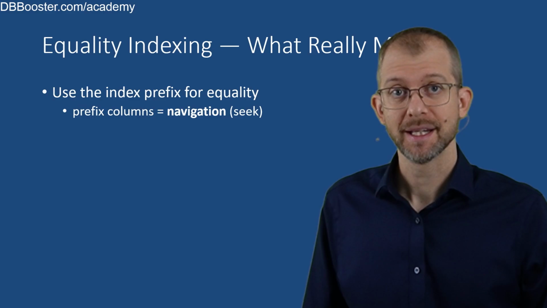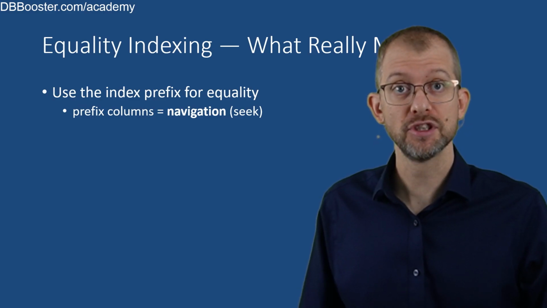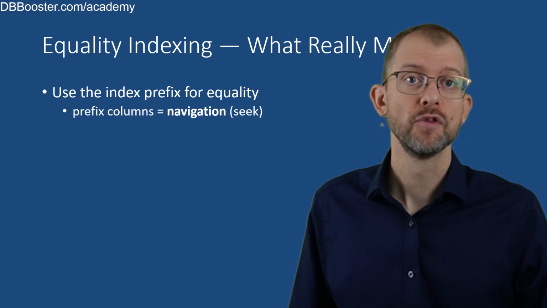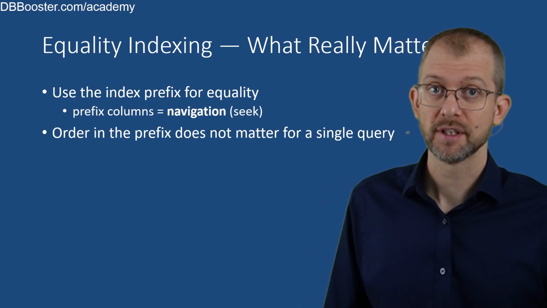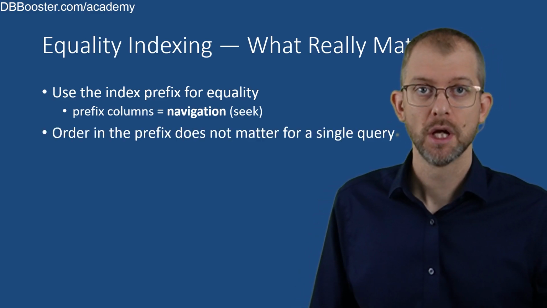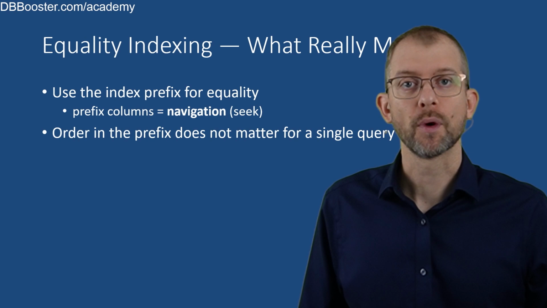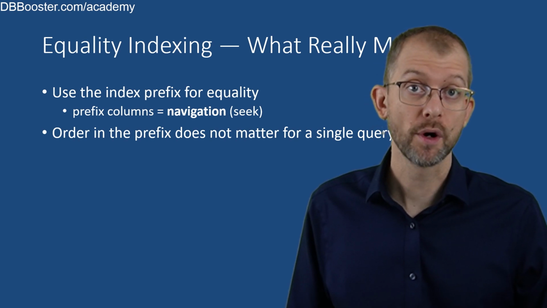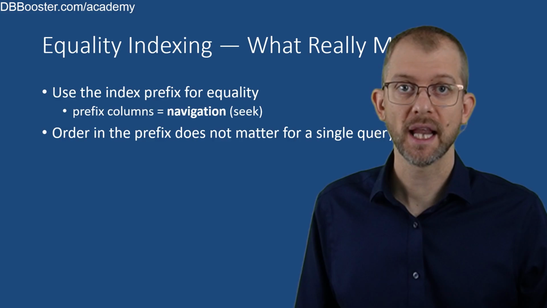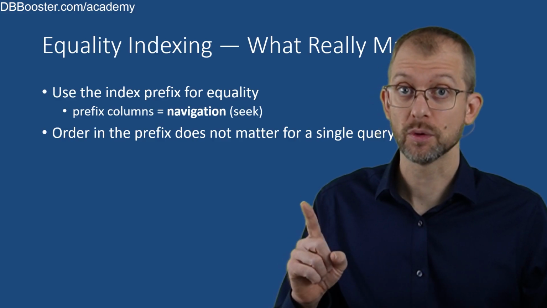Any equality after a gap is used just as a filter, not for traversal. If your index prefix has more than one column, the order doesn't matter for a single equality condition. For example, language and score works the same as score and language for just one query.